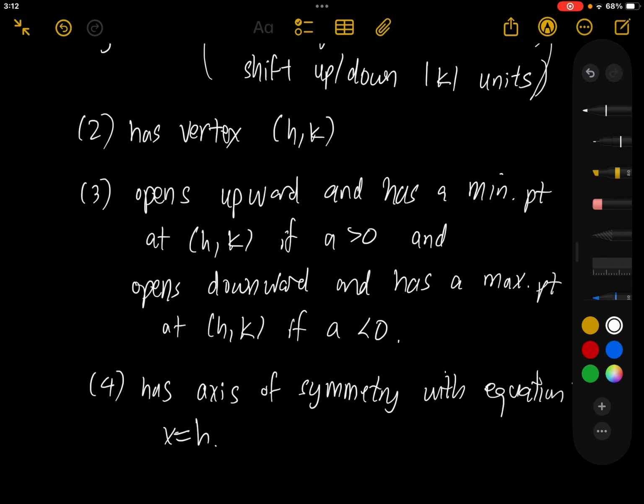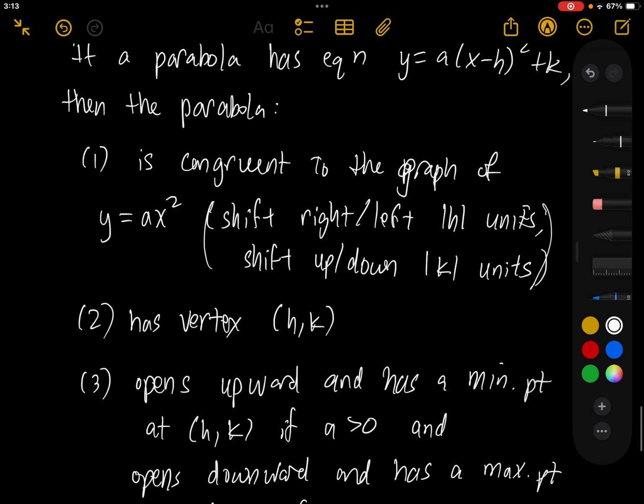Because originally the axis of symmetry was x equals 0, and then you're shifting left or right h units. So if you shift right h units, you're at x equals h. And if h is negative, like negative 3, for instance, then you shift 3 to the left, and your line is x equals negative 3. So it's still x equals h. Okay, we'll do some examples with actual parabolas later, but it's important to understand the general picture of what's going on.